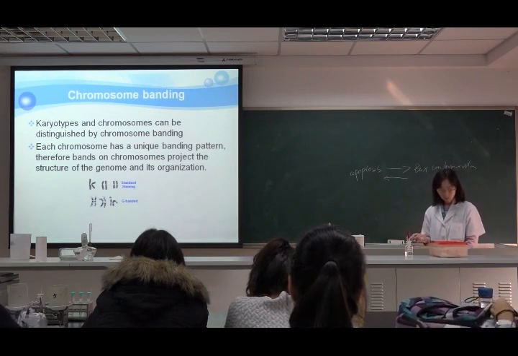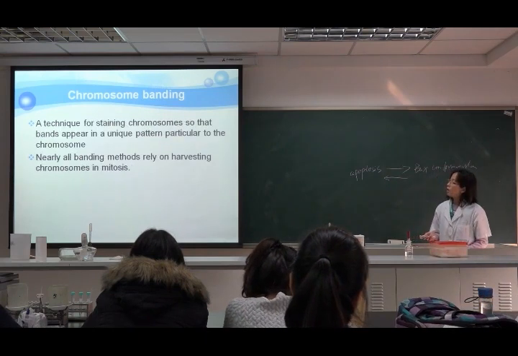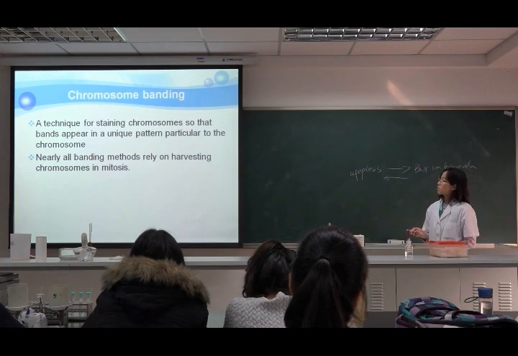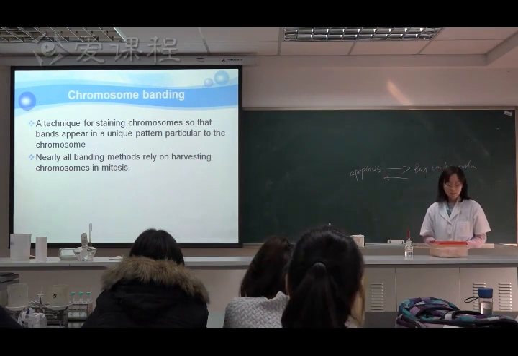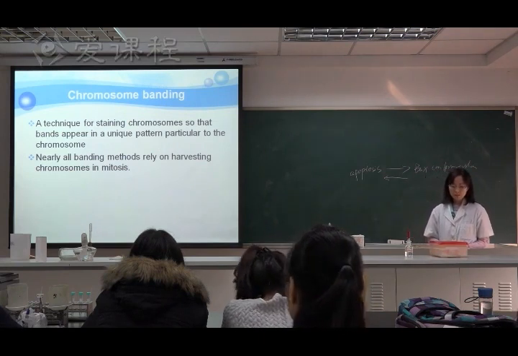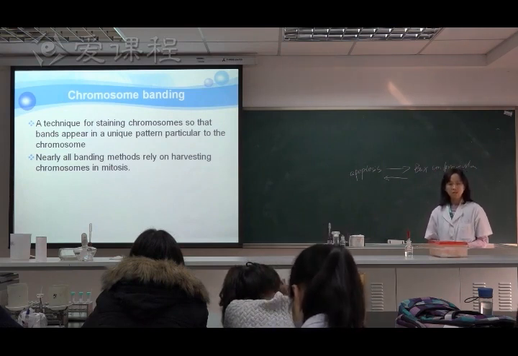This is chromosome banding, a technique for staining chromosomes so that bands appear in a unique pattern particular to each chromosome. Nearly all banding methods rely on harvesting chromosomes in mitosis.